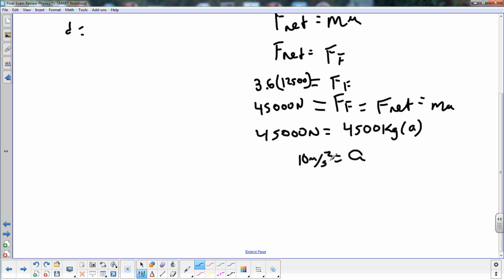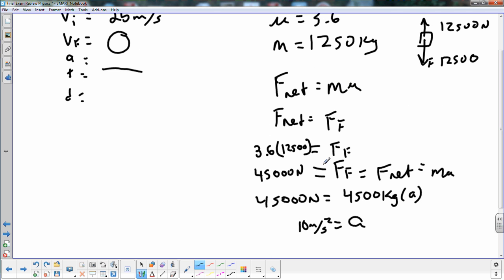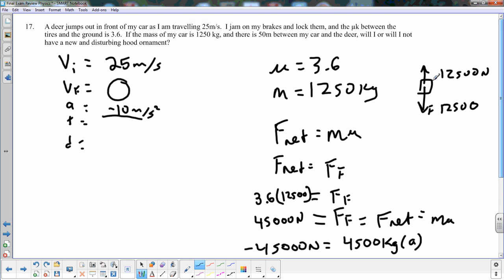And going back, we got acceleration coming out of here, and now we can throw it into here and just do a kinematic. D equals VIT plus, that's not really going to help us because I don't have time. VF squared equals VI squared plus 2AD.